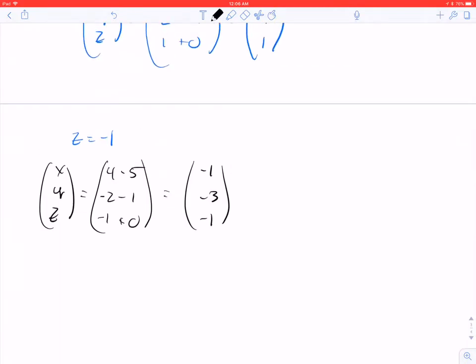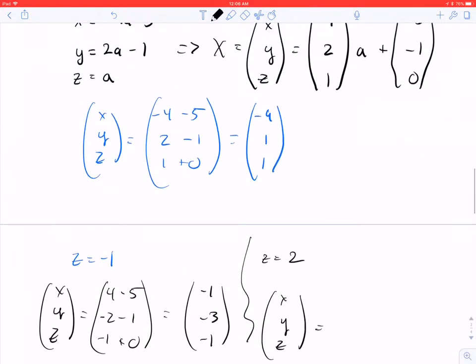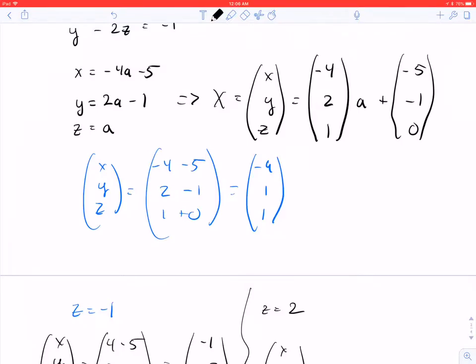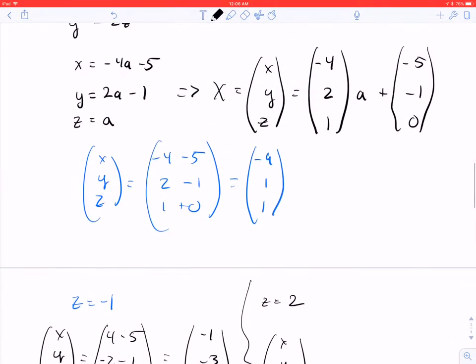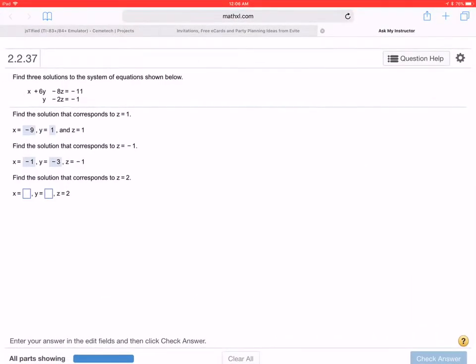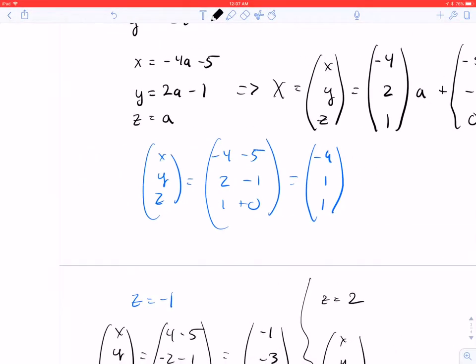So if z were equal to 2, then our x, y, z would be, right here. If z is 2, is it 2 or negative 2? Let me go back. It's 2.